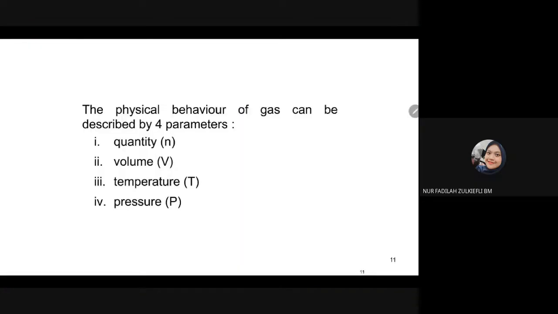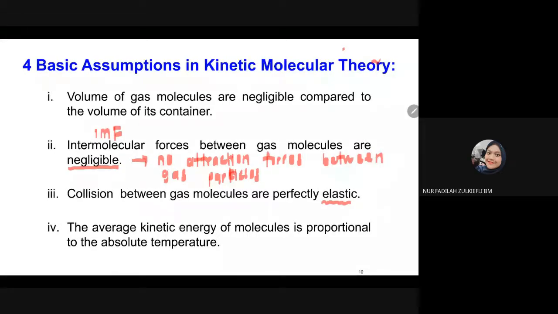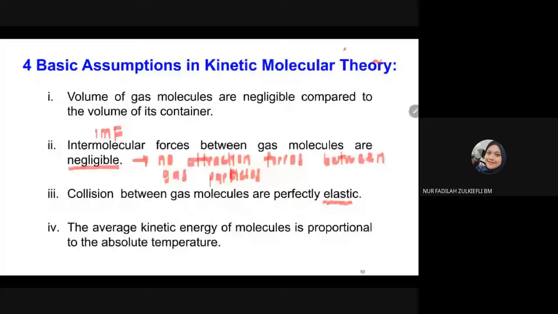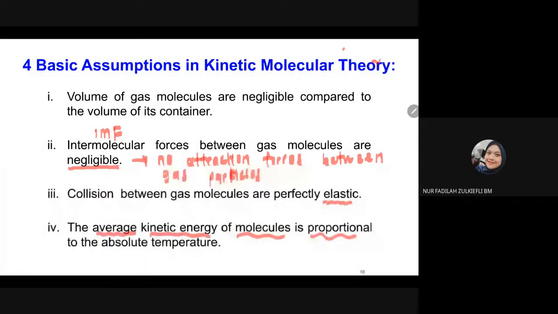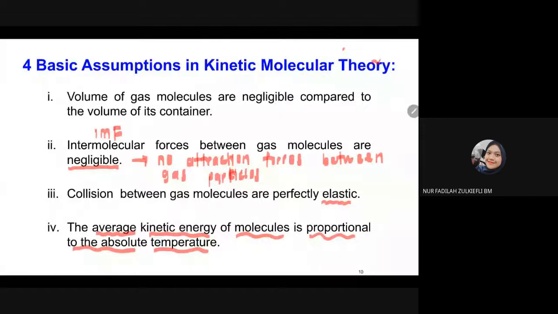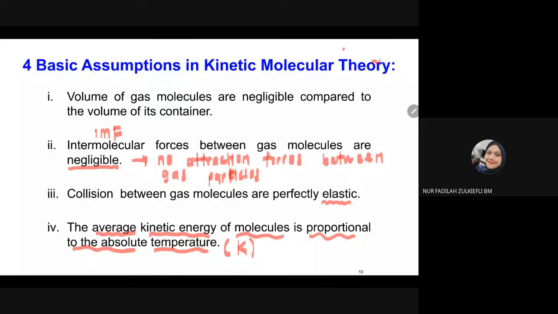Okay, and the last postulate, ini it relate dengan kinetic energy. So dia kata that the average kinetic energy of gas particles, of gas molecule is proportional to the absolute temperature. Apa dimasukkan dengan absolute temperature? Absolute temperature adalah temperature in unit Kelvin. Okay? Temperature 273 tu kan?